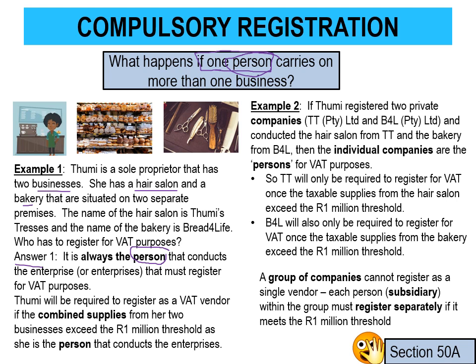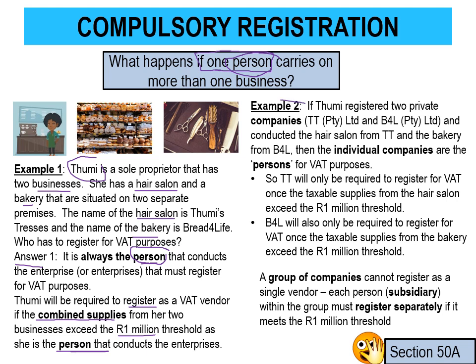So in this case, our person is Tumi. It's not the hair salon and it's not the bakery. She's the person, and therefore she will be required to register as a VAT vendor if the combined supplies from her two businesses exceed the 1 million rand threshold, because she is the person that conducts the enterprise.